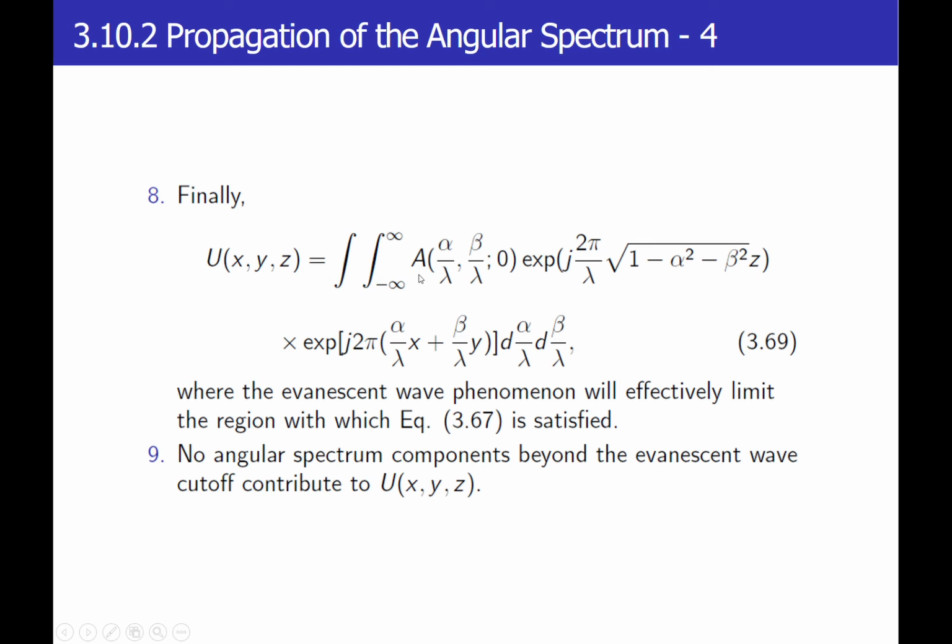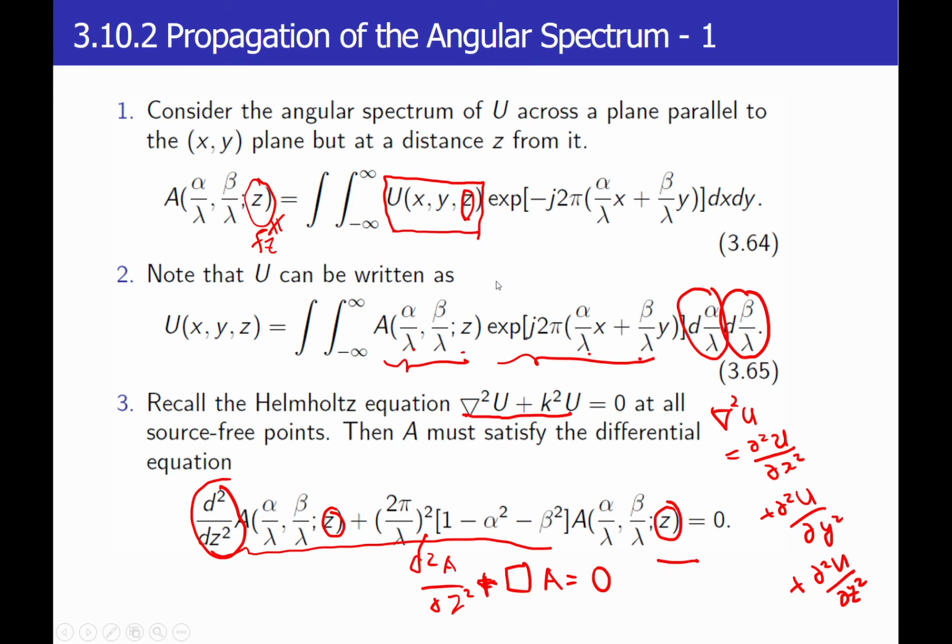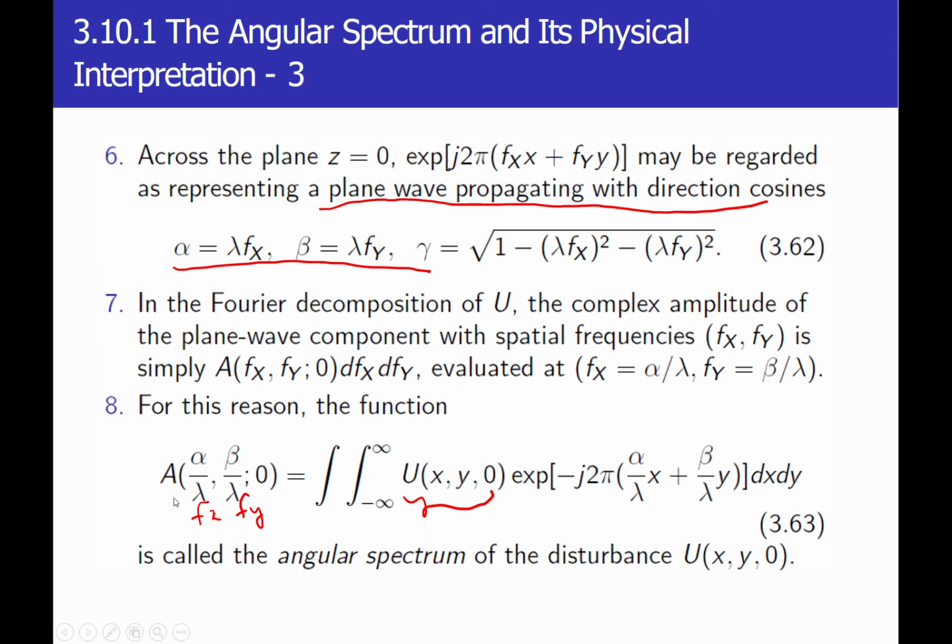So note that the angular spectrum at the z equal to 0 plane is directly related to the scalar field at the z equal to 0 plane, which is nothing but the two-dimensional Fourier transformation with a change of variable.